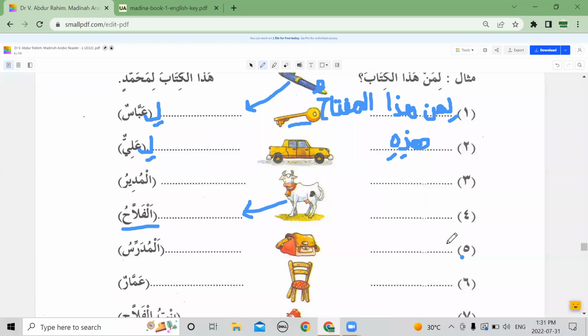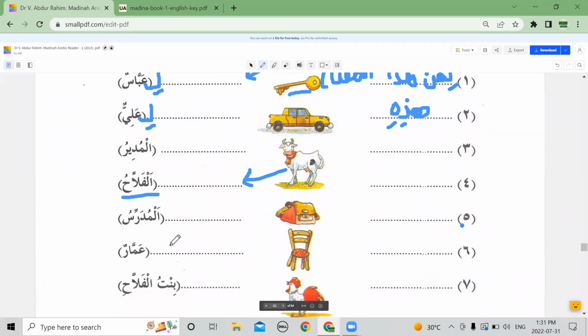Haqibatu is bag. هذه الحقيبة للمدرس. Okay. Whose bag is this? This bag is the teacher's. This is the teacher's bag.